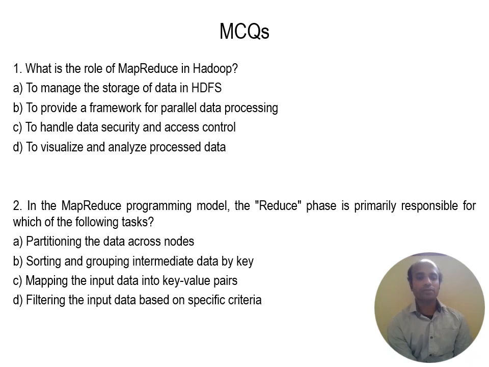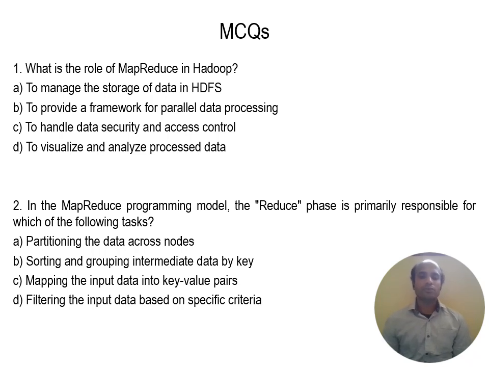So the right answer is sorting and grouping intermediate data by key. Because the reduce phase is the final phase which has to make sure to sort and group the intermediate data with the key as the sorting function. So it cannot be partitioning data or mapping the input data or filtering the input. So the right answer is sorting and grouping intermediate data by key. And for the first question about the role of MapReduce, it's to provide a framework for parallel data processing.